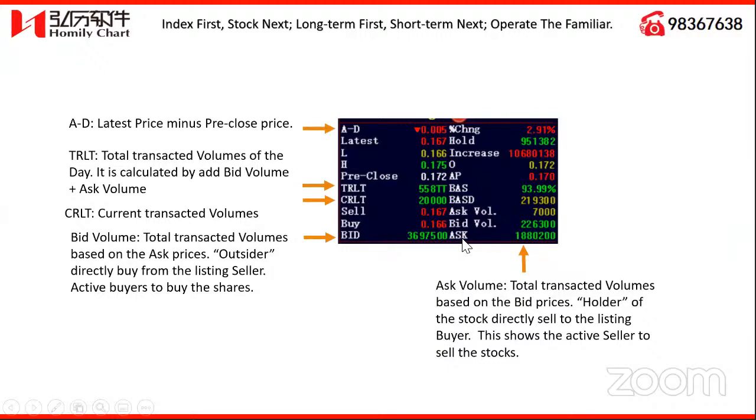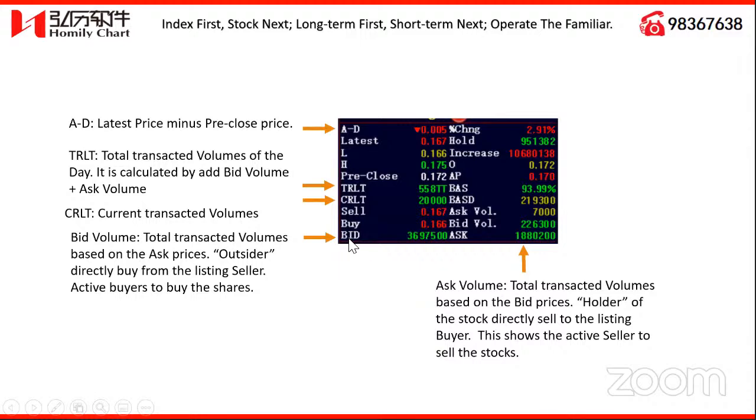And then ask volume here is the total transacted volume based on the bid price. So holders of the stocks directly sell their holdings to the listing buyer. This shows the active sellers are selling the stocks.